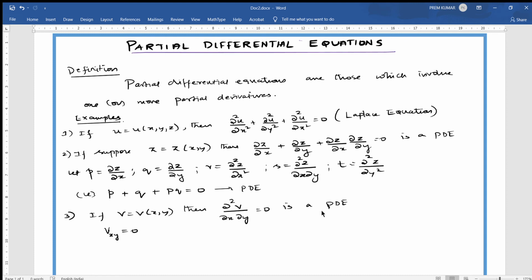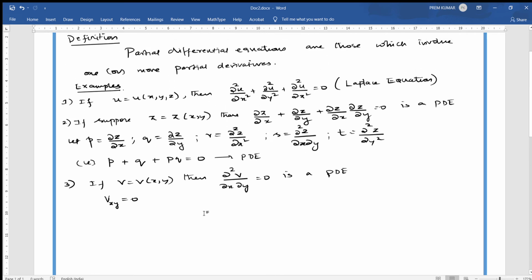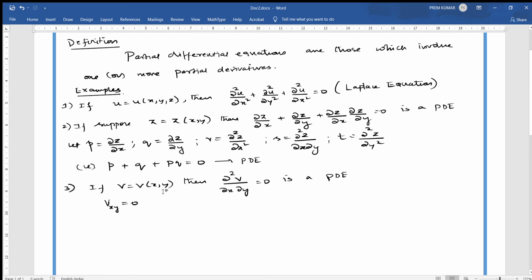Similarly, ∂z/∂x can be written as z differentiated partially with respect to x, and ∂z/∂y as z partially differentiated with respect to y. These are the standard notations used throughout the chapter. These are some examples.